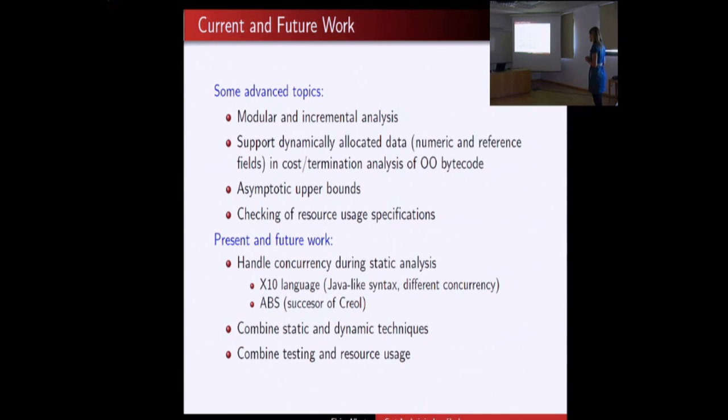We are also considering, because in the HATS European project they are developing a language called ABS, which has a functional part and an imperative part. It's quite nice because all the sequential parts of the program are in the functional part, and you only have to deal with concurrency in the imperative part. So this separation helps the analysis a lot. And these are things that Nikki will talk about.